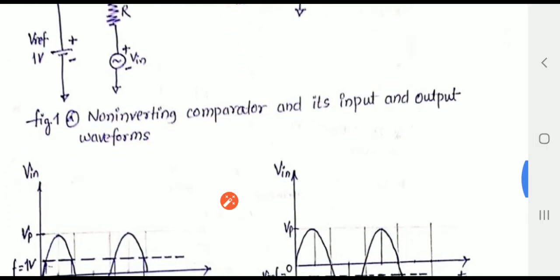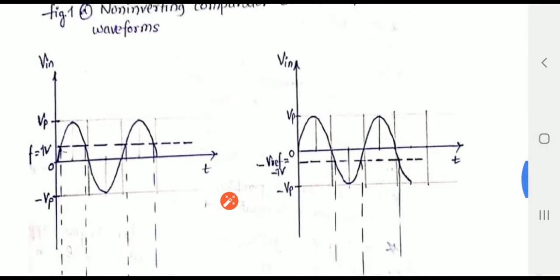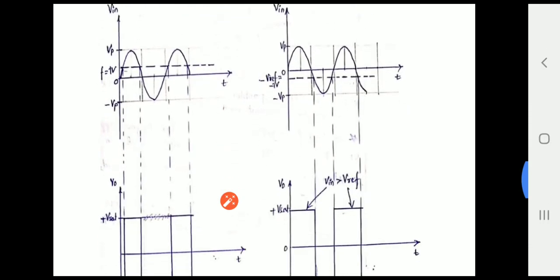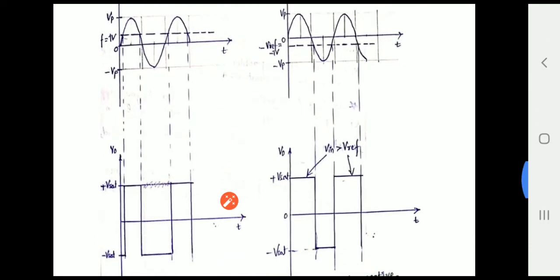That is what is shown here in the waveforms. When Vin is greater than V reference, we get a positive cycle because V0 equals plus V saturation. When it becomes lesser than V reference, it becomes minus V saturation.